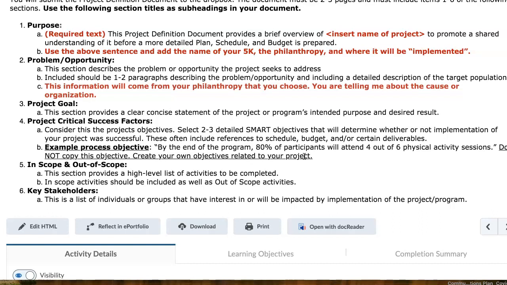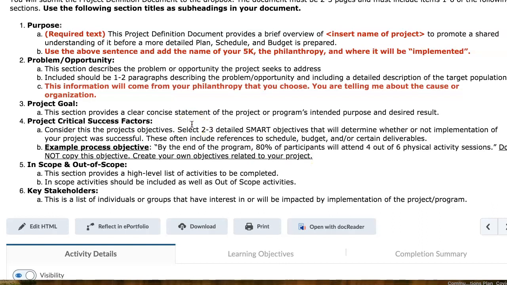Well, for one, the runners and walkers would be impacted. If they were running or walking 3.1 miles, they would be obviously impacted by the implementation of the 5K. So that is your very first group of stakeholders. Now you will be thinking through all of the stakeholders within your 5K.